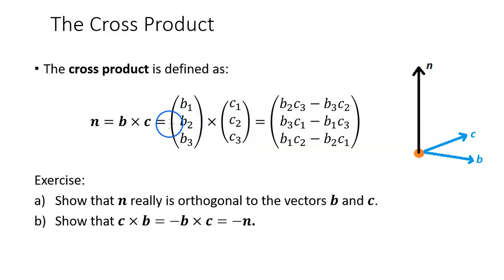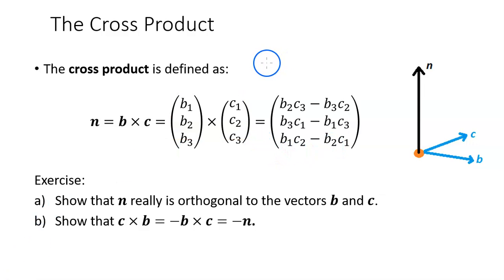For the second row, once again, we delete this row, and then we calculate the determinant of the remaining matrix, B1, C3 minus C1, B3, and then we times it by -1. So it's actually C1, B3 minus B1, C3. And lastly, for the last coordinate, we delete the last row, and then just make this into a matrix, B1, C2 minus C1, B2.